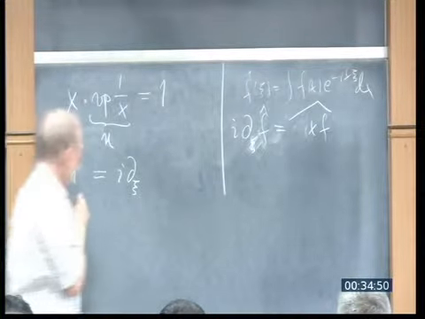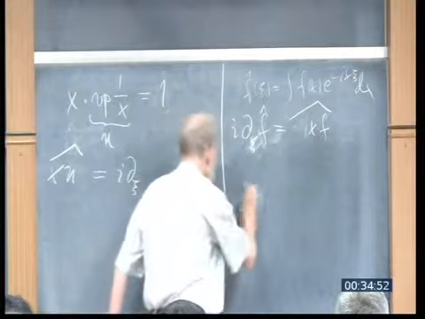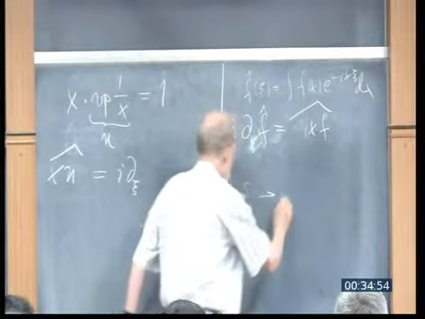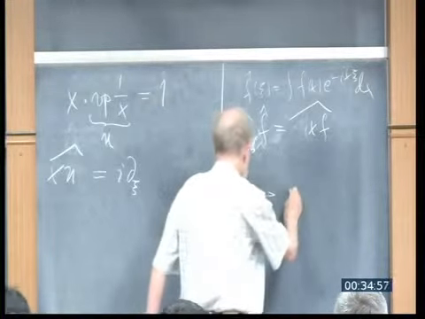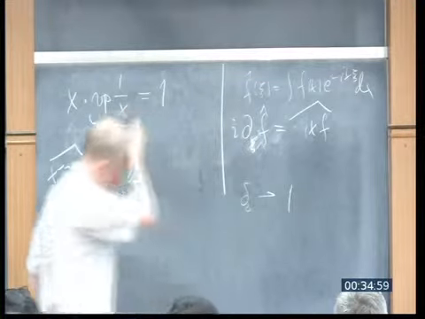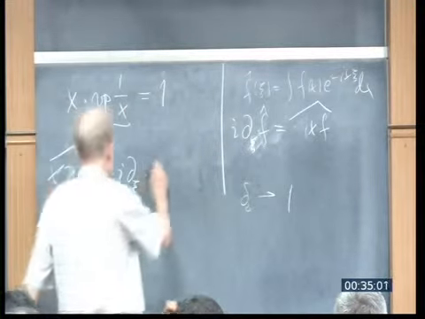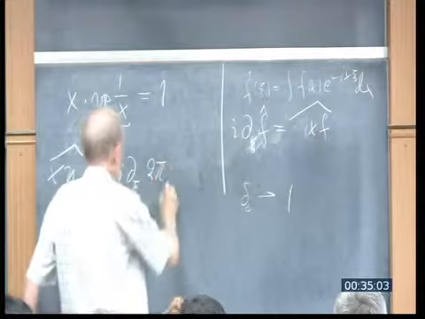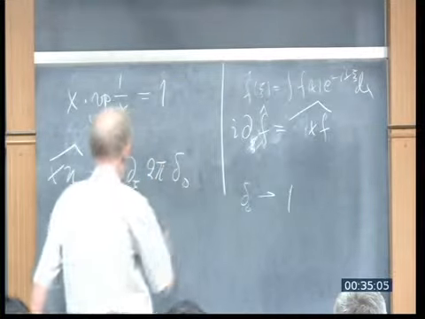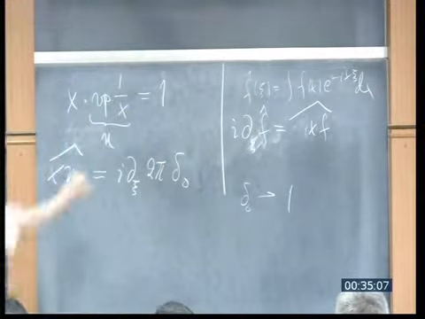Now the Fourier transform of the Dirac distribution is 1. So using the inversion formula, you get 2 pi delta c. Now we integrate.